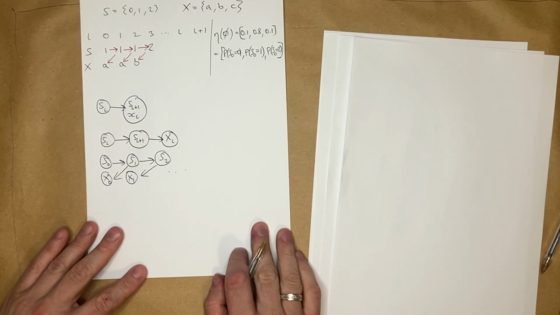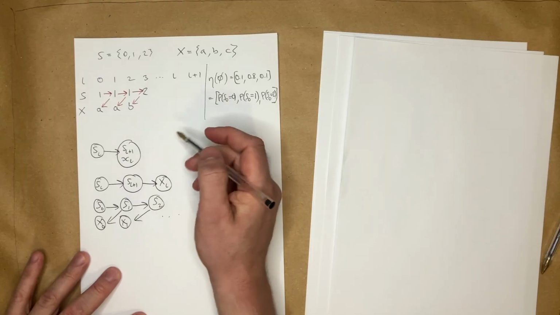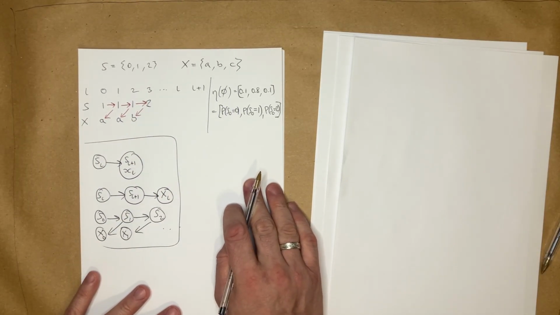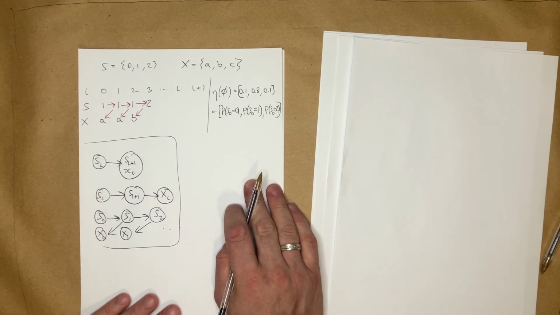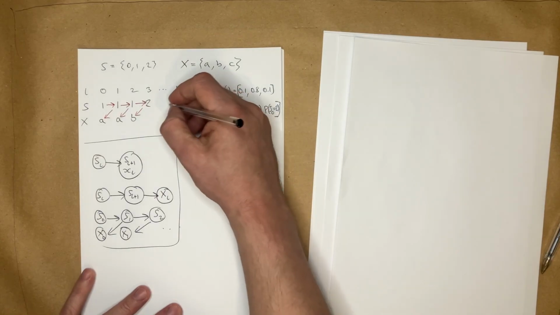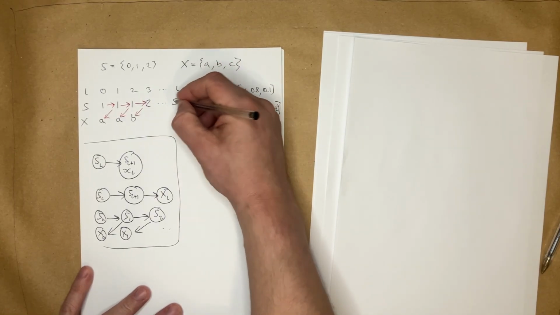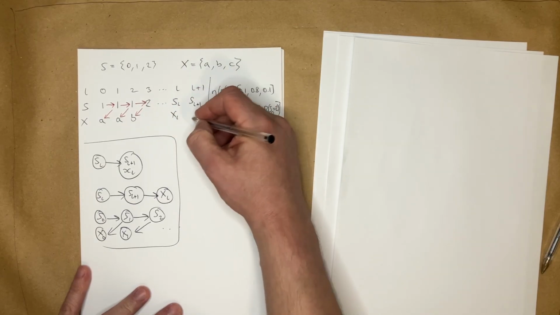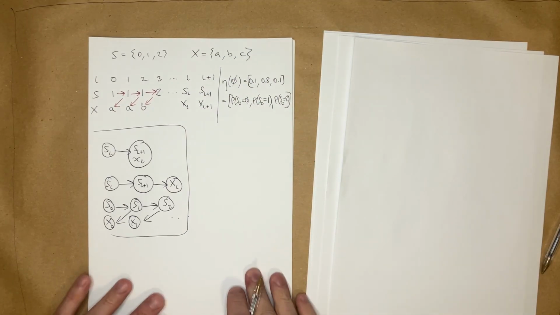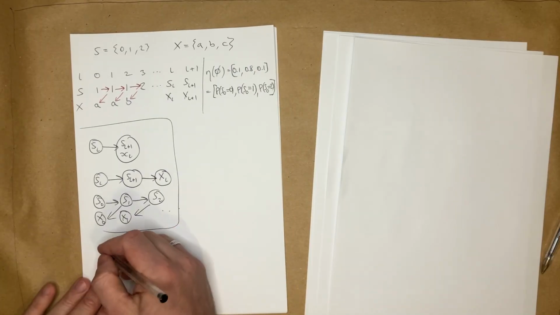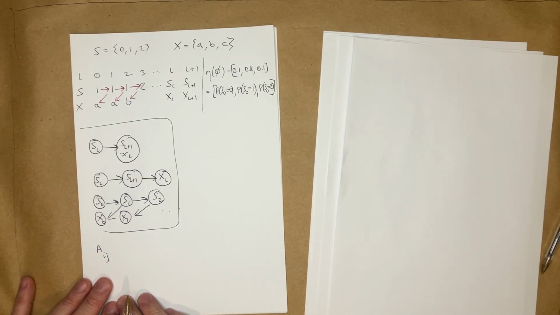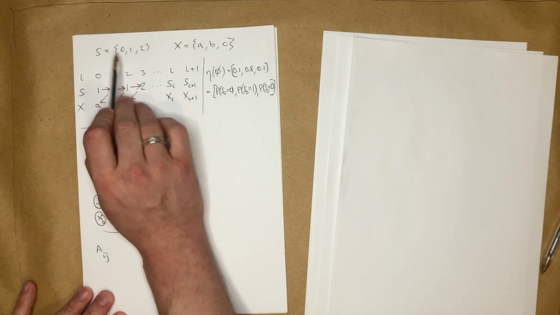Anyway, getting back on topic, what we want to do is write down the matrices that define the dynamics for this system. So I'm going to denote the Lth hidden state as SL, and then the L plus 1 as SL plus 1, similarly for X. And the first matrix of interest is matrix A. The matrix A is the matrix that tells you about the transition probabilities between the hidden states.